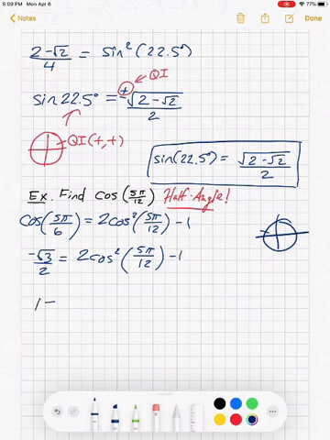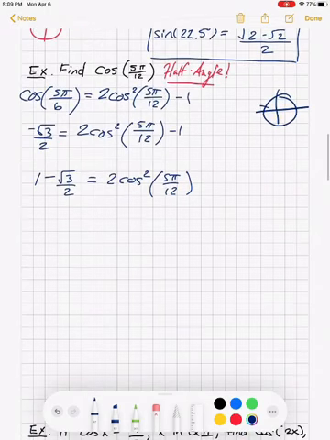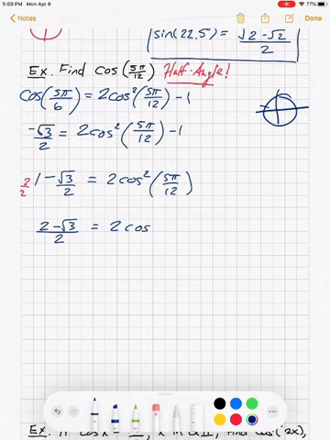So add the 1. LCD, 2 minus root 3 over 2. Okay, needs to divide by 2, or essentially multiply by a half, right?